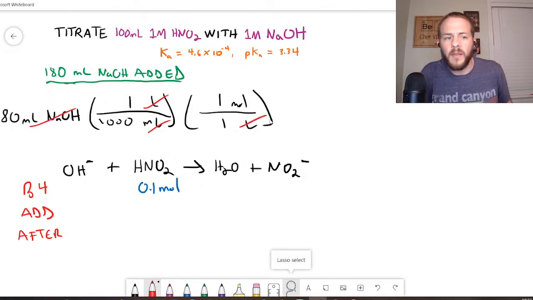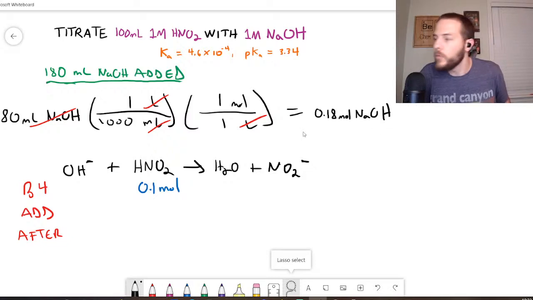Make sure my units cancel out here, and I end up with 0.18 moles of NaOH. 0.18 moles of sodium hydroxide. I'm going to take that value and throw it down here because that's how much I'm adding to this nitrous acid solution, right? 0.18 moles.